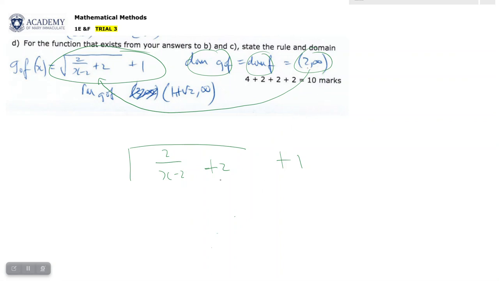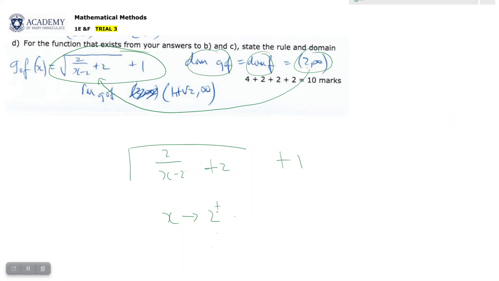You can't do this mathematically, but theoretically, as x approaches 2, and we're going from 2 to infinity, you're approaching 2 from the right-hand side.